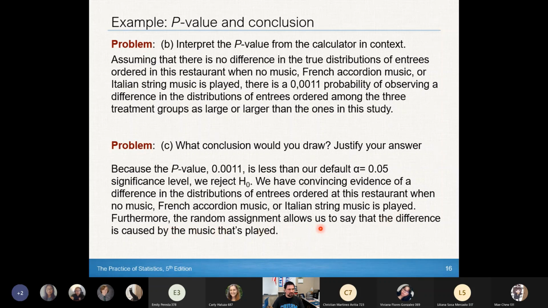Furthermore, the random assignment allows us to say that the difference is caused by the music that's played. So again, we have that condition of random assignment that allows us to make a better inference. You can say this is possibly caused by the difference in music type. Is there anything I can clarify about these two statements and the difference between them?